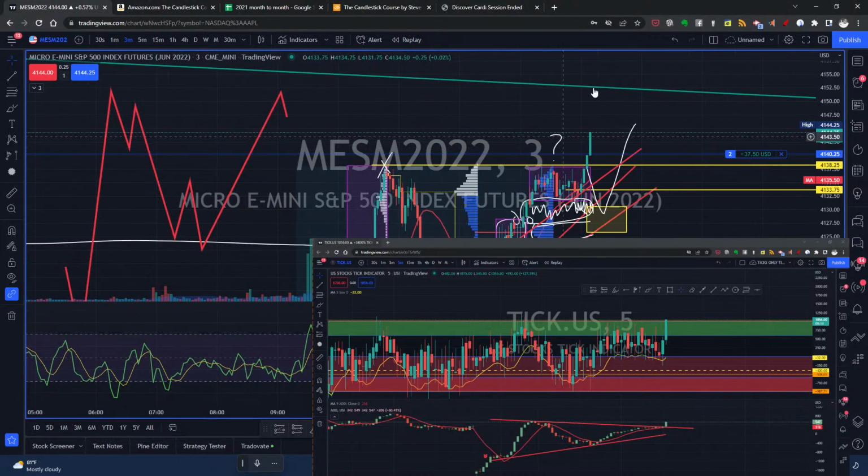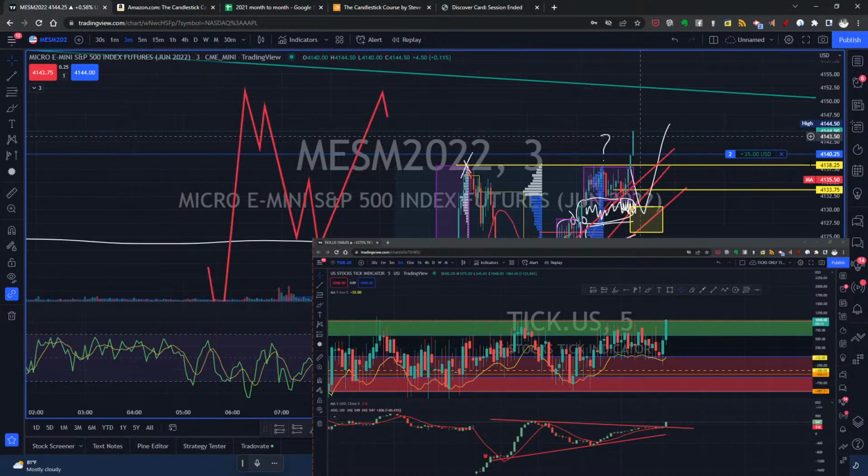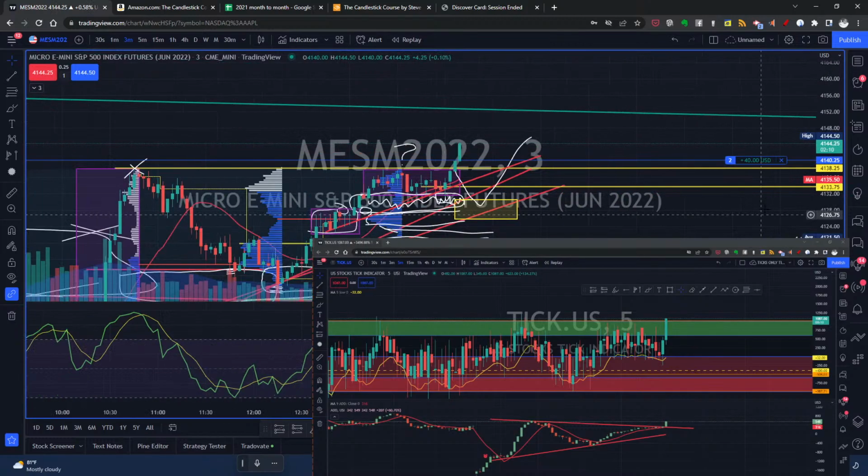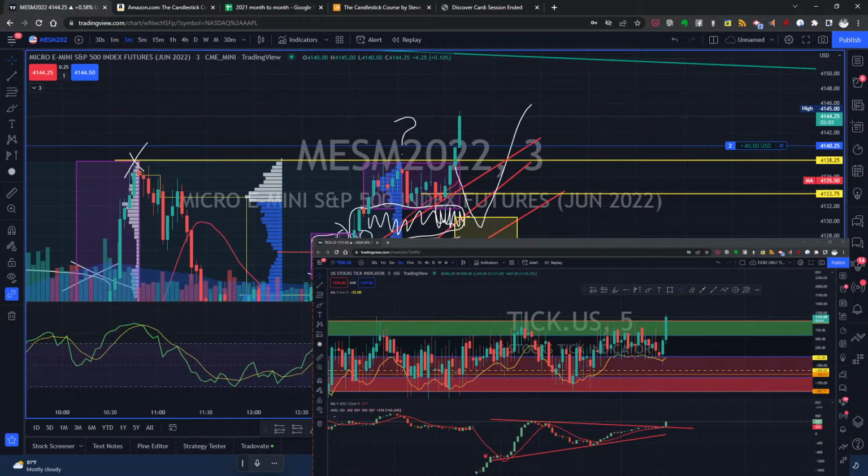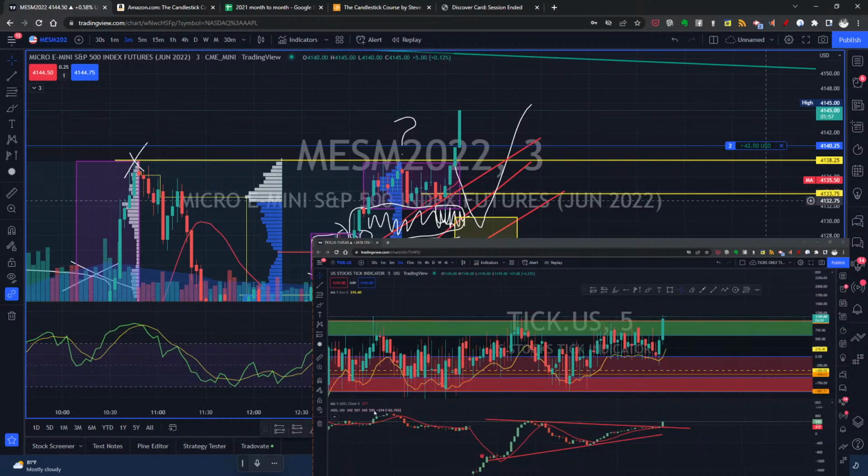We're approaching this, which is that. Look at RSI pushing up here. It's actually pushing past the high of the day, so it's stronger than it's been all day.